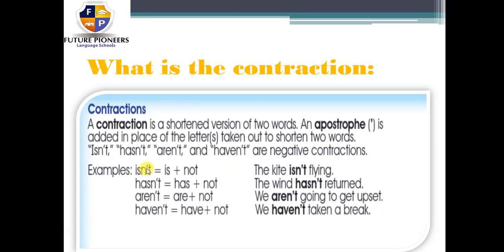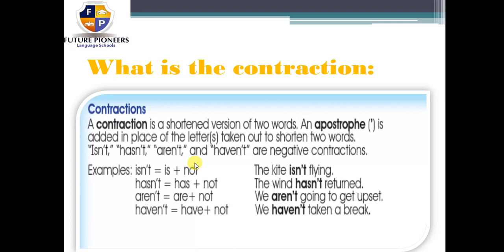Isn't. As you can see, it's a shortened way. Of course, an apostrophe is not a letter. The main words were is plus not. The kite is not flying.